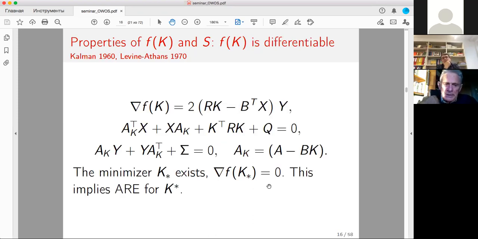The next step is calculation of the gradient. Here are explicit formulas for the gradient. So how can we solve it?